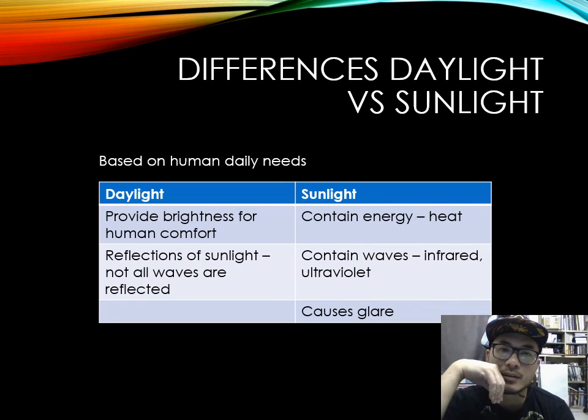All right, so let's conclude what we have learned today, the differences between daylight and sunlight. Daylight provides brightness for human comfort. It is reflections of sunlight, where not all waves are reflected, which has its own benefits. Sunlight has certain energy, which is heat.